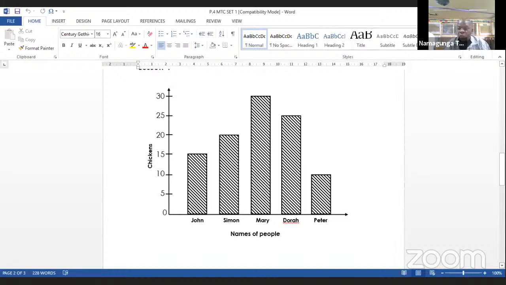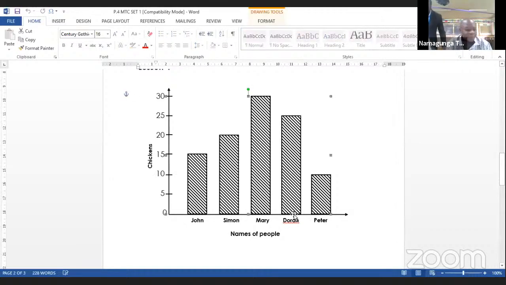Chirunda, I've seen your hand up. Chirunda, any response? Five pupils scored 90%. Thanks, that's correct.